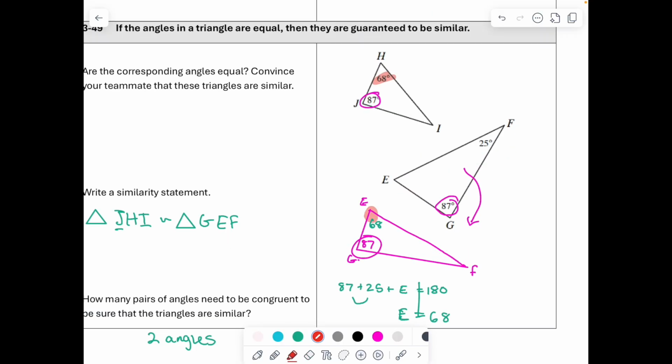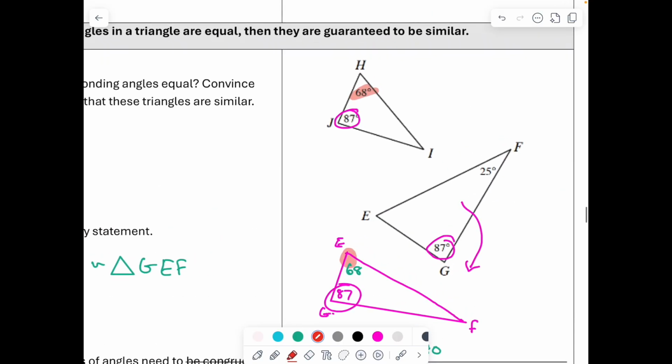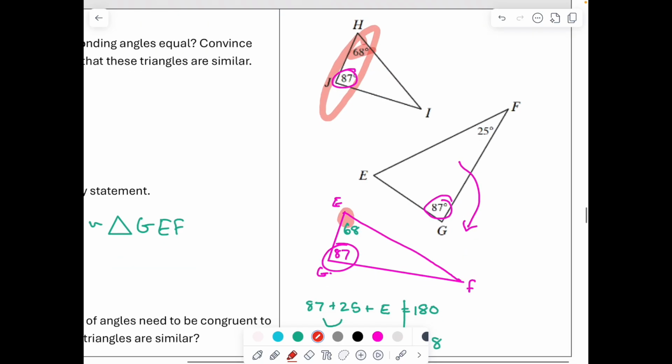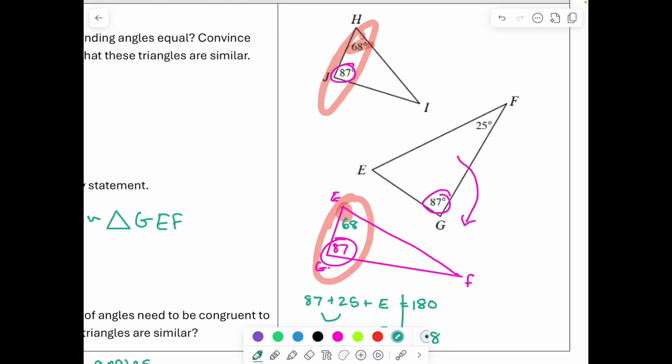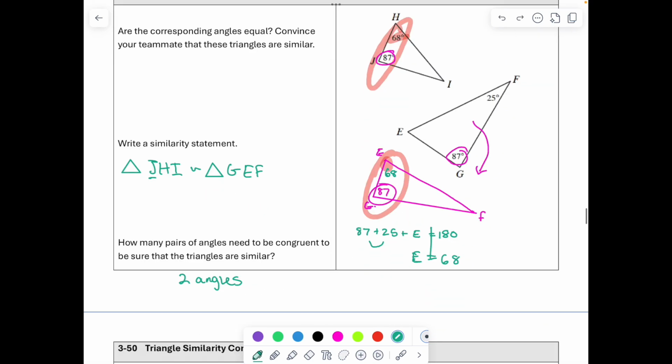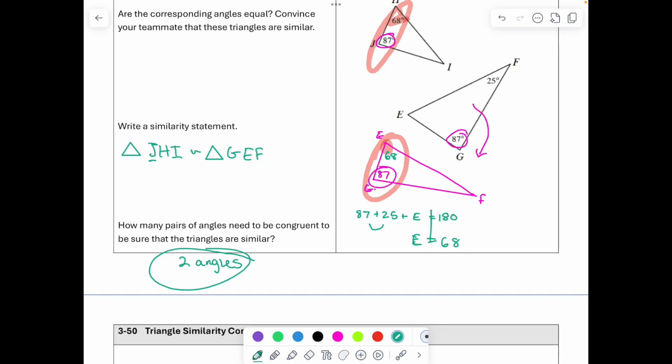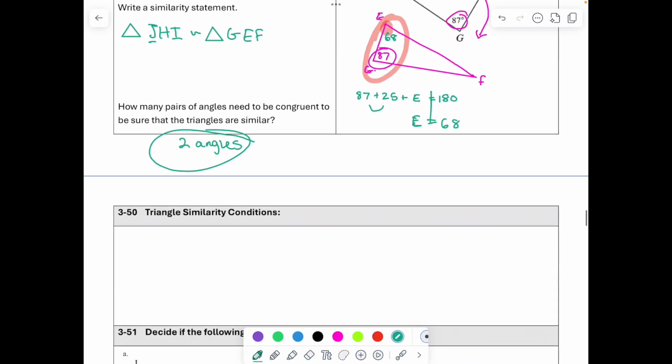If we didn't know that this was 25, if we were only given that we have 68 and 87, we are guaranteed that the remainder is 25. That final angle is 25 on both triangles because we know that a triangle should add up to 180. So we don't actually need to be presented with the information that all three are equal. We only need to know that two of them are equal.